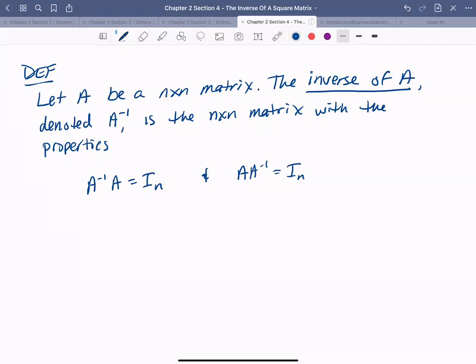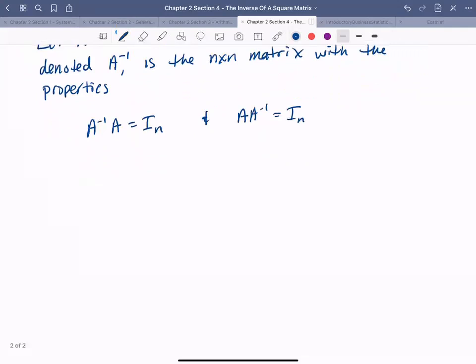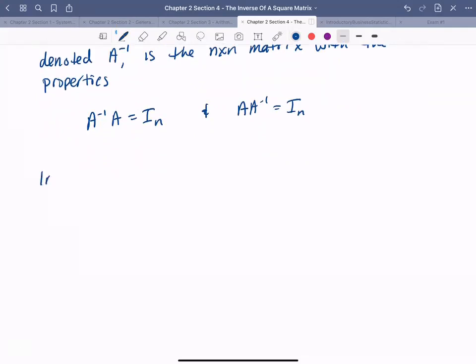So how do you find the inverse of a matrix? Here's how we find the inverse of a 2 by 2 matrix, and we're going to focus on this.